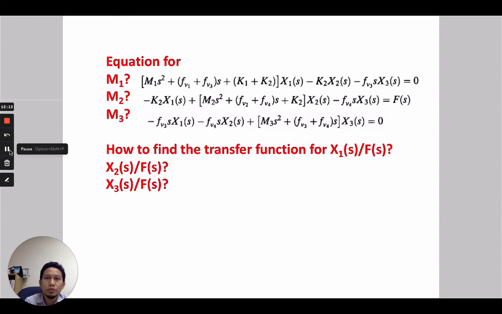I need you to go back, you're already at home, and find the equation for M1, M2, M3 here. Please practice, because when you do a lot of practice, you can shorten the time to analyze the problems that have been given to you. Okay.